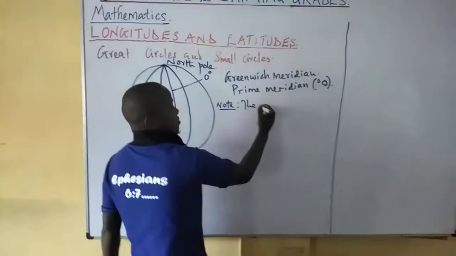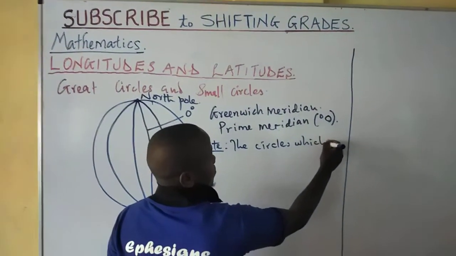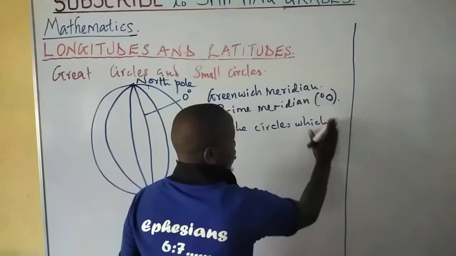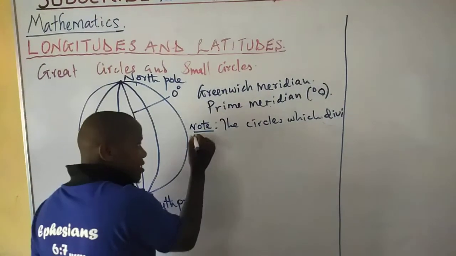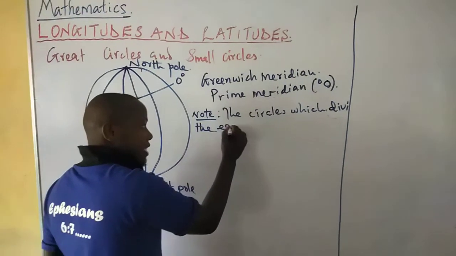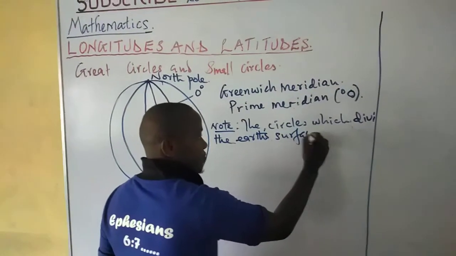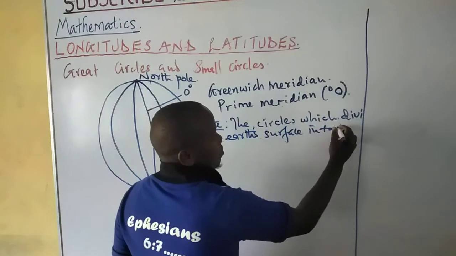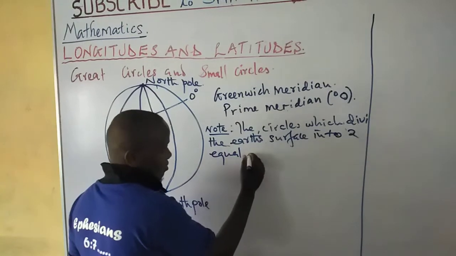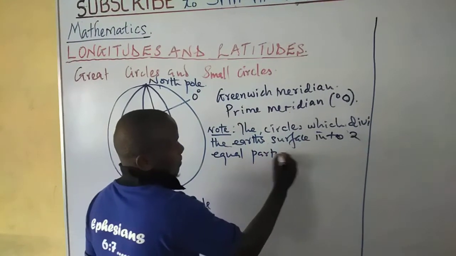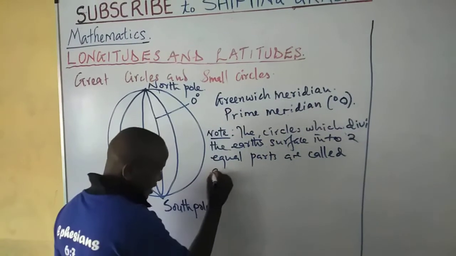And therefore, we say that this type of circles, it's good to note, the circles which divide or cut the Earth's surface into two equal parts are called great circles.